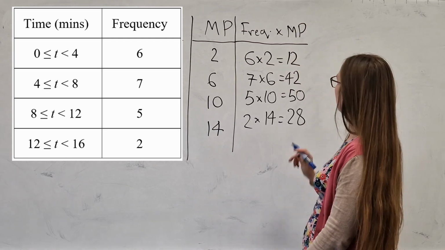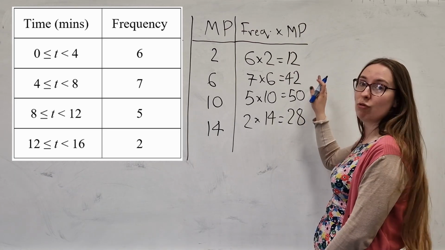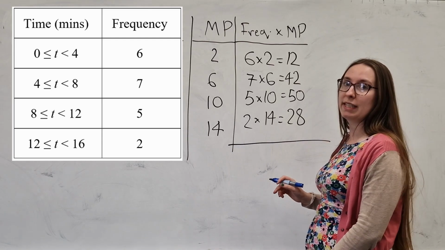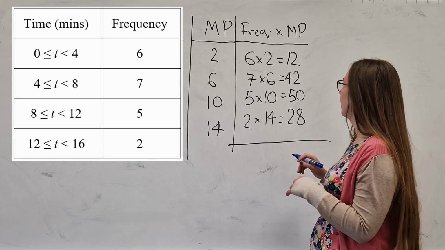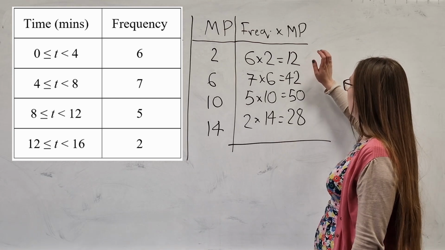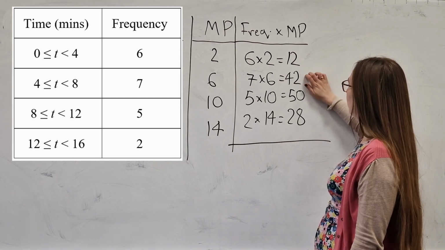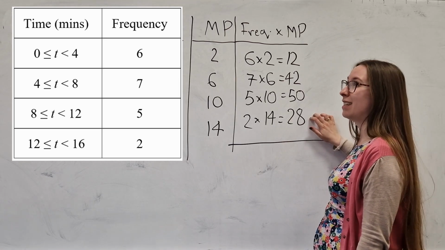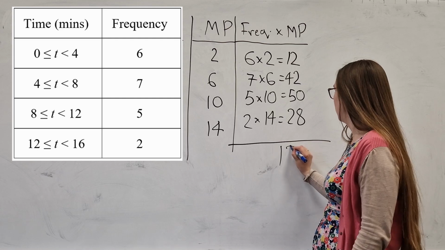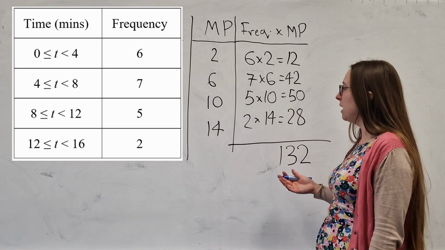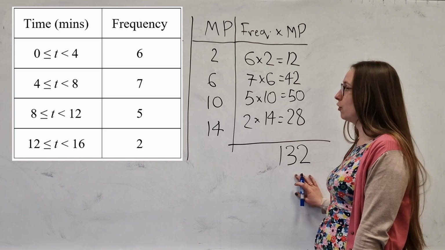Now, if we add all of these values up together, we'll have the total time in minutes taken by all of the students. So let's add these up. We've got 12, 54, 104, 132. So that's 132 minutes in total. And then to find the mean, we need to divide it by the total number of students.